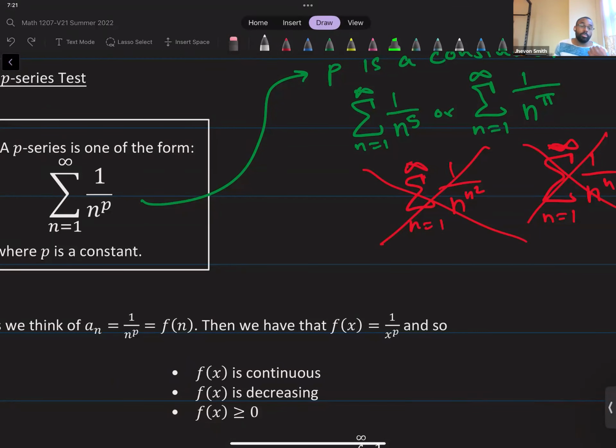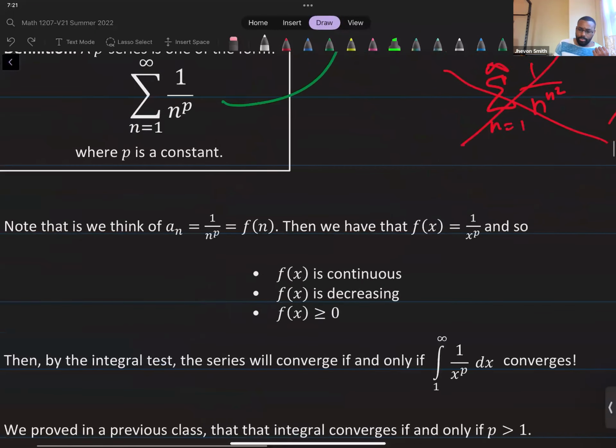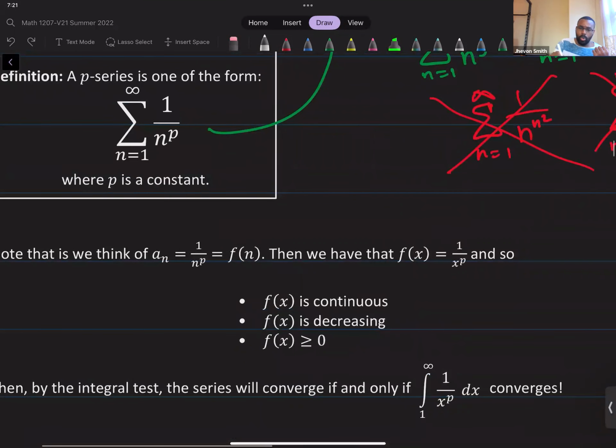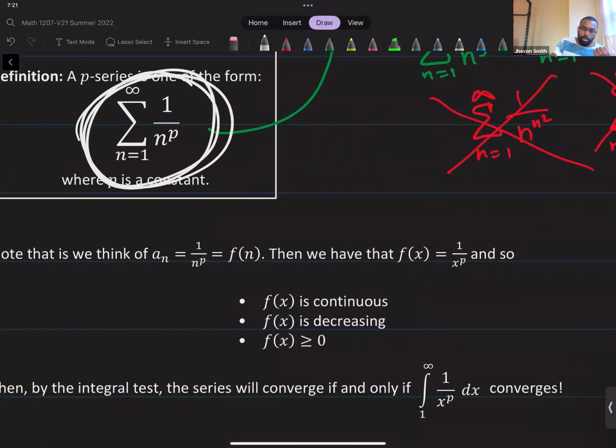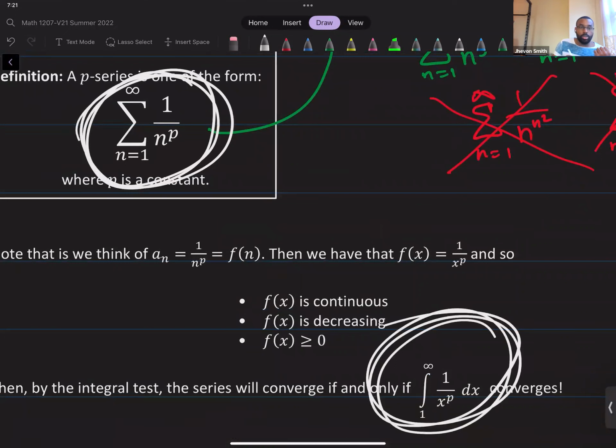Also, it's always going to be positive itself. The output will always be positive when the x is positive. So it actually fits the criteria for the integral test. And so it turns out that we can actually talk about what this series does based on what the corresponding integral does.